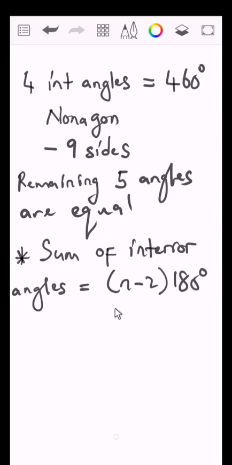So if we want the sum of the interior angles of a nonagon, we say 9 minus 2 multiplying 180 degrees. Why 9? Because a nonagon has 9 sides, and we said n represents the number of sides.